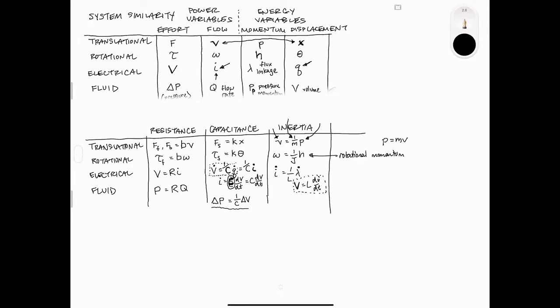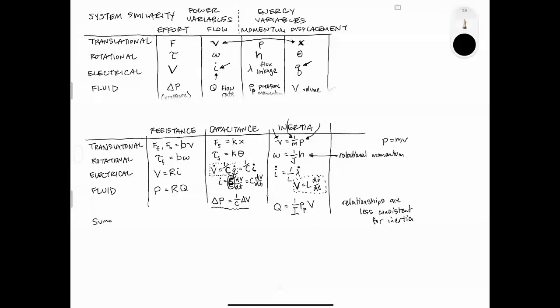Well, continuing with this pattern then, we will take the flow variable, that's Q, the flow rate, for power variables column, 1 over capital I, and then the pressure momentum times V, the volume. So what you'll find is that relations start to break down and they're less consistent for inertia.